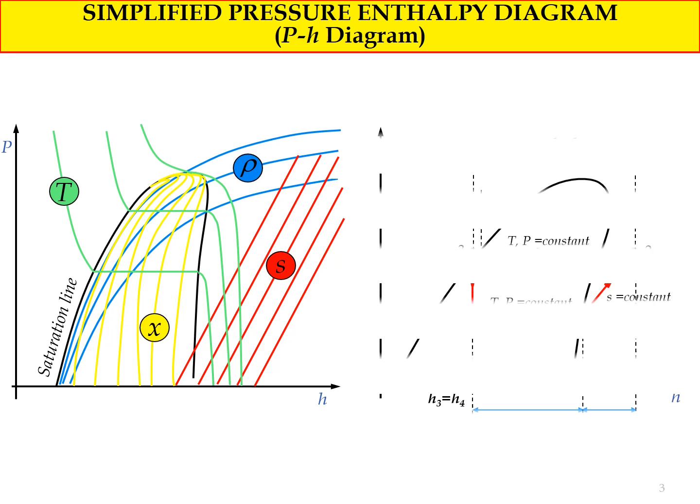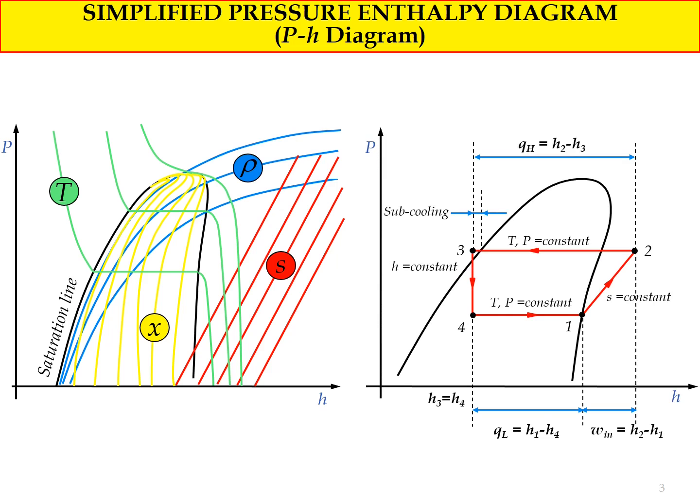We can also use the pH diagram to describe the process for the vapor compression refrigeration cycle. The second pH diagram represents the vapor compression refrigeration cycle.